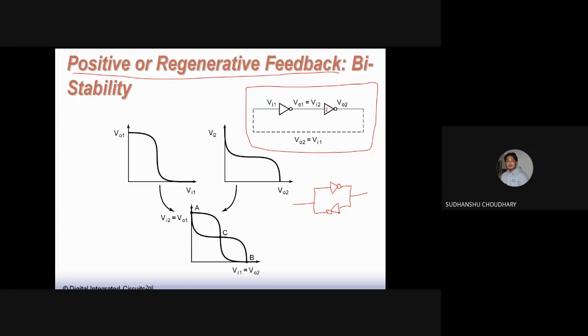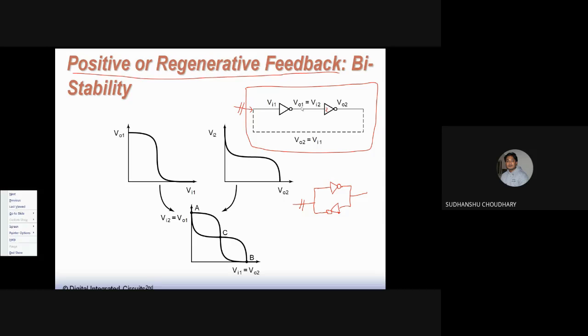Suppose you apply some input here, Vi1, and then you cut the input supply. So once you cut this input, this input can be retrieved from this loop. So it is stored in this loop, because you have Vi1, let us say, applied here.